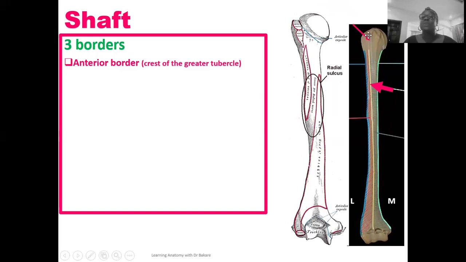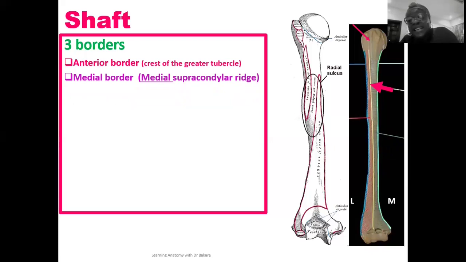So the next border that we have is the medial border. The medial border will then be the region where the anteromedial surface will be transforming into the posterior surface. Don't forget that there's a posterior surface behind. So we can try and imagine how these borders or edges are created. If you go back to this image, this is where we have the anteromedial surface.